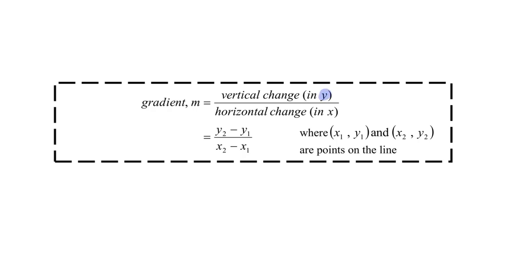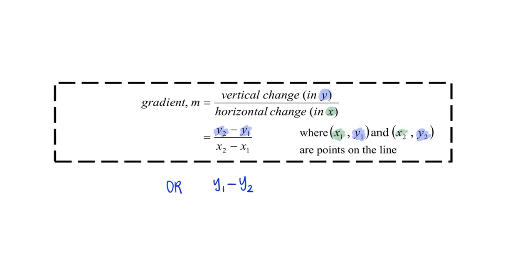Y is at the top. How do we calculate the vertical change in y? We just need to subtract the 2 y coordinates, meaning y2 minus y1, or y1 minus y2. And we divide by the horizontal change, which is the change in x.